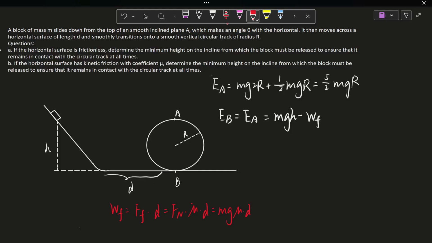Let's plug the work done by friction back to the original function, which is over here. And this is equal to mgh minus mg mu d. And this is equal to the amount of energy it has at point A, which is 5 over 2 mgr.